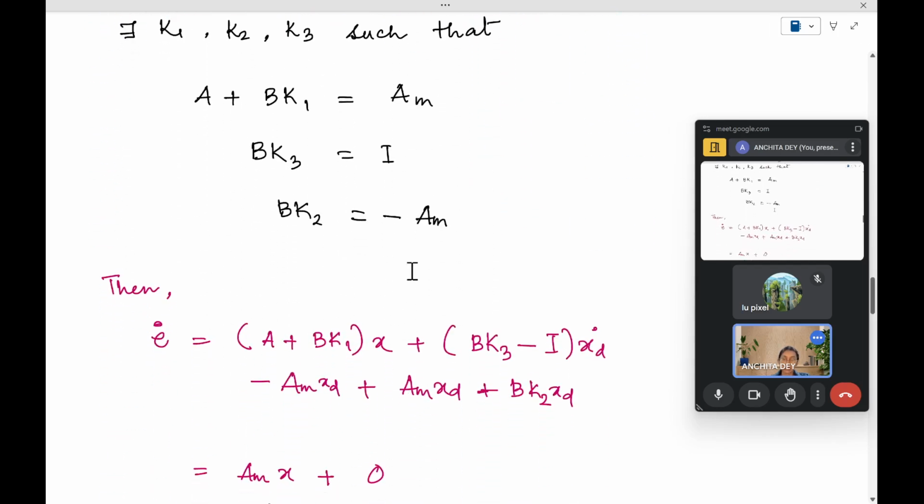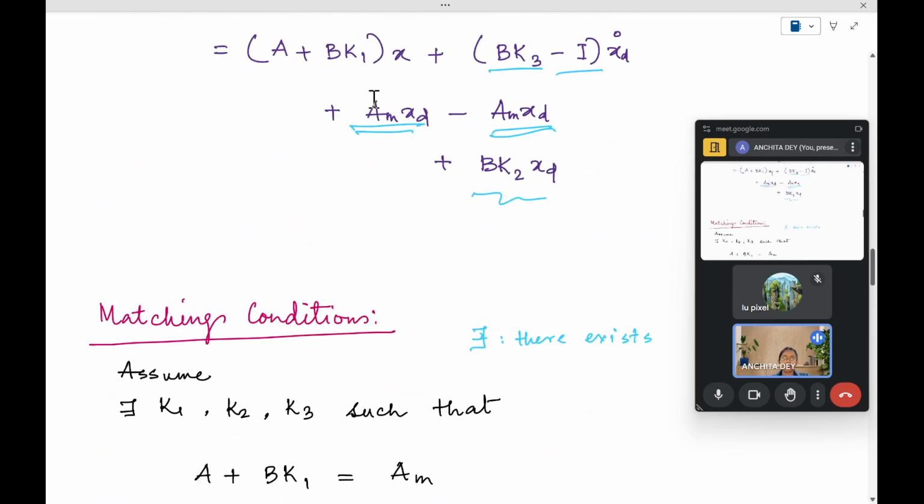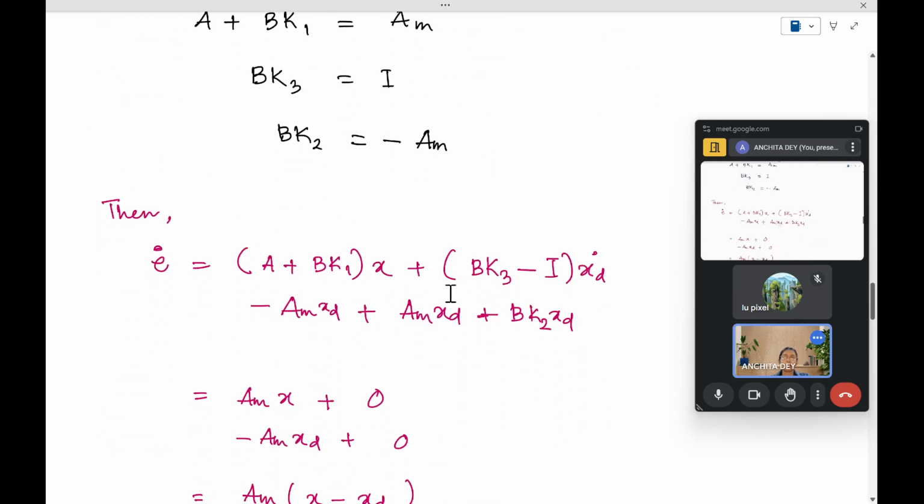In that case, what happens? You can see E dot is equal to a plus bk1 x, I'm writing the same expression here, whichever was present, plus bk3 minus I into xd dot minus am xt plus am xt plus bk2 into xd.